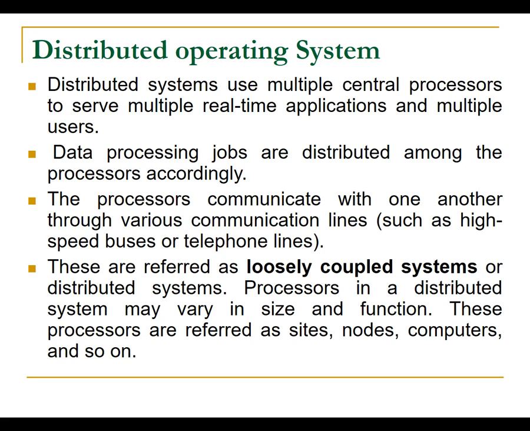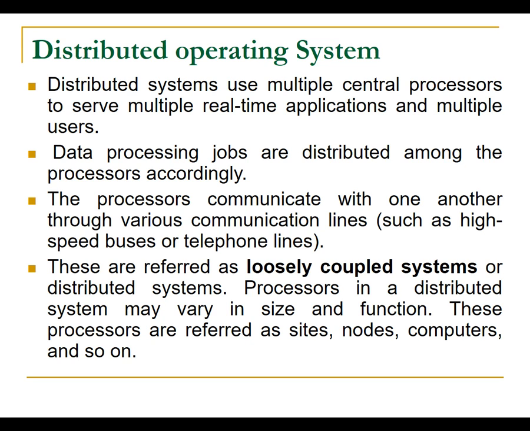As I have indicated, a distributed operating system is faster than the previous operating systems like batch, multi-program, multitasking and time sharing operating systems, because its data processing jobs are distributed among the processors accordingly. That means a single processor doesn't have to handle all the requests, but the requests are distributed over a number of processors.